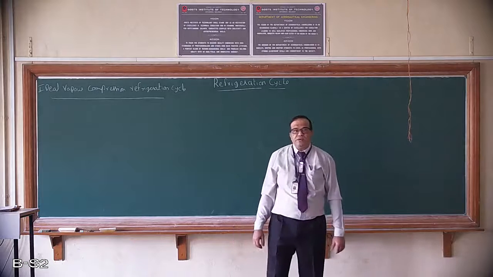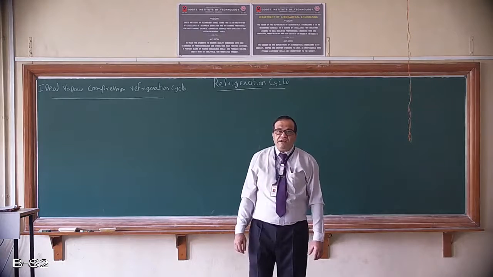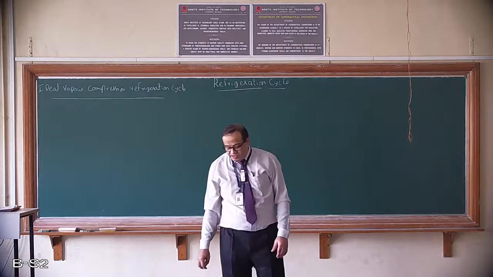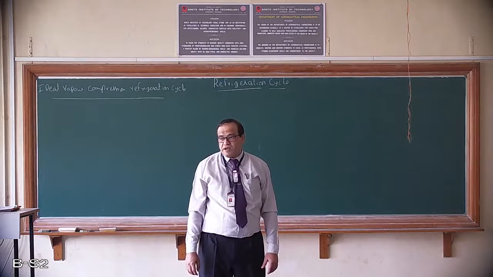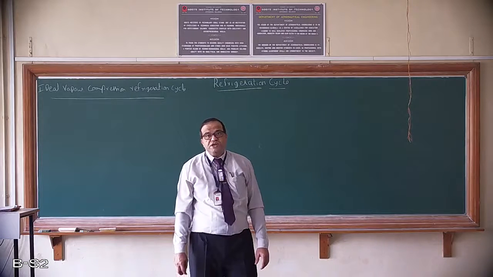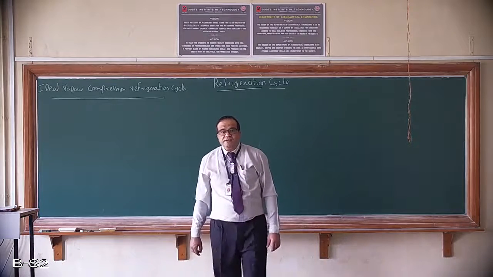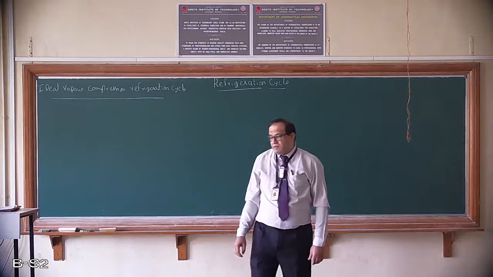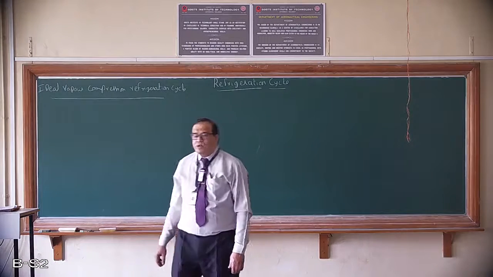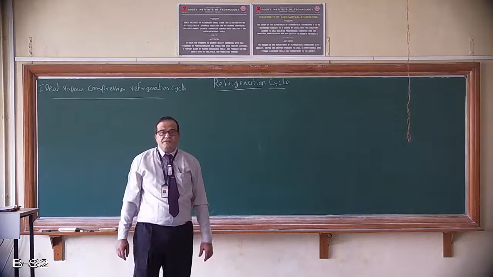More about it is not required here, but what are the different refrigerants used? Refrigerant 12, carbon tetrachloride is being used, CO2 is being used as a gaseous refrigerant. We use ammonia for vapor absorption refrigeration.